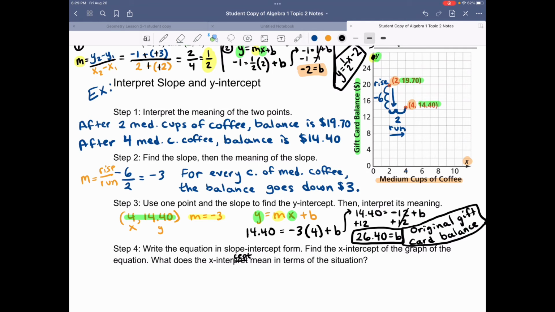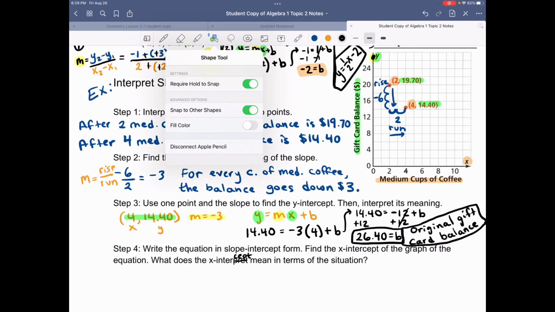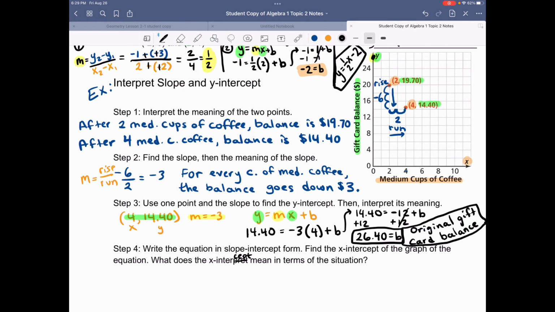Maybe I can grab a line. Nope. Guess I don't have a line tool. This is the x-intercept. It's where the line crosses x, and it does not cross it on a whole number. So we have to use some algebra to figure that out.